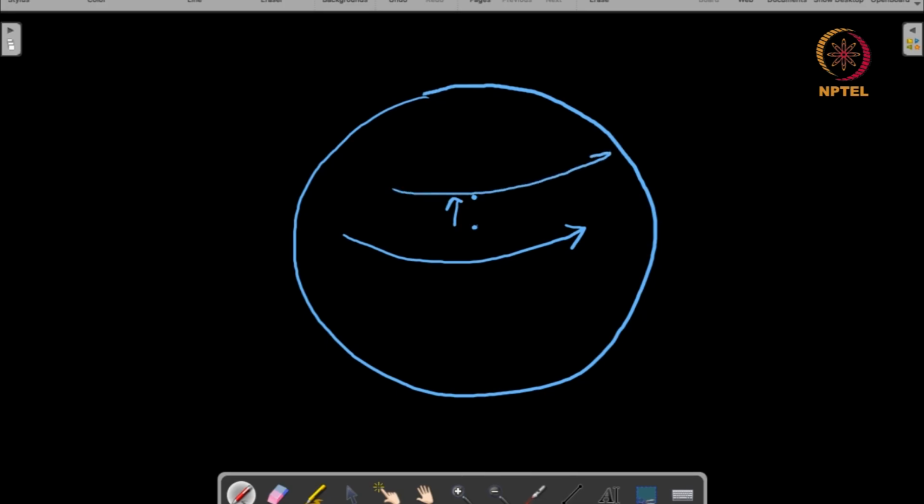So now its frame of reference is like this. When it reaches here, the frame of reference has shifted again. So because of this rotation of the Earth, we will find that the air parcels will appear to be moving towards the right in the northern hemisphere. And in the southern hemisphere, they'll appear to be moving towards the left.